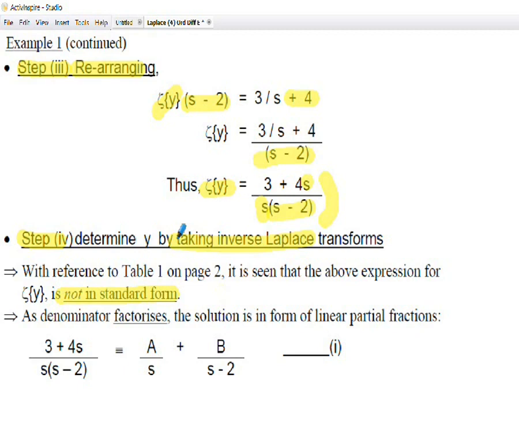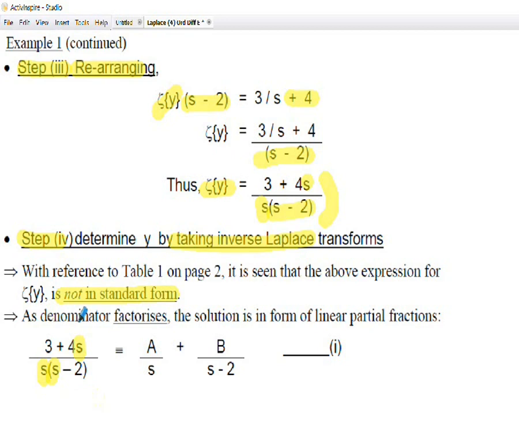So what we're going to try and use here is something called partial fractions, which we've covered before, and there are 2 checks we need to be aware of before we can commence the partial fractions. The first is that the numerator of the fraction, the top line, must be of lower order than the denominator, and that's true here because the numerator has an order of s, and the denominator, if you expand the bracket, would have an order of s squared. So that check is true.